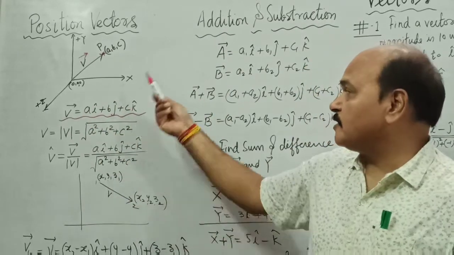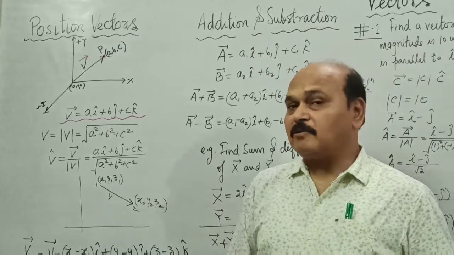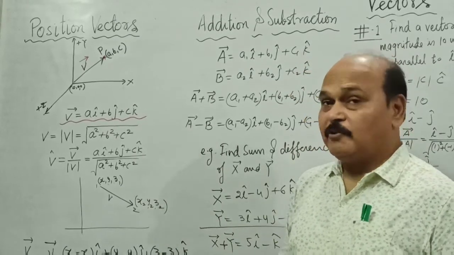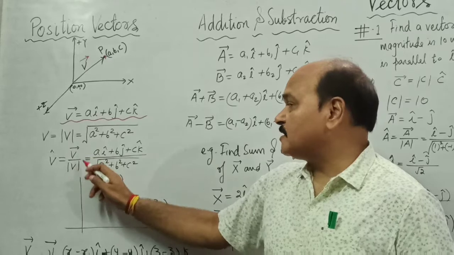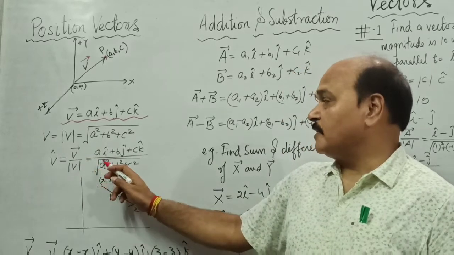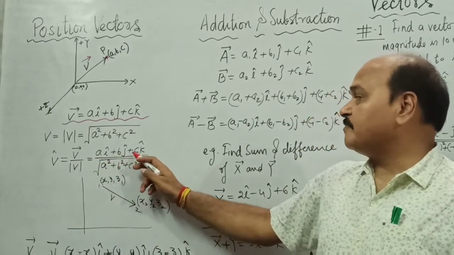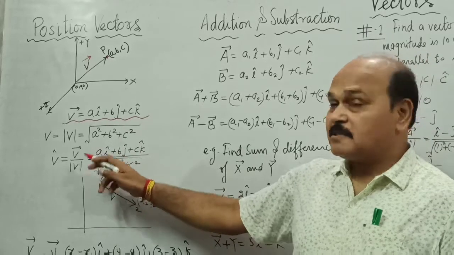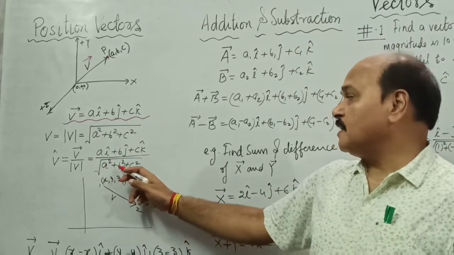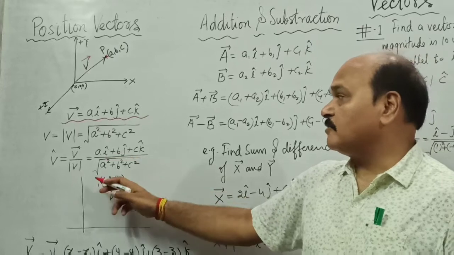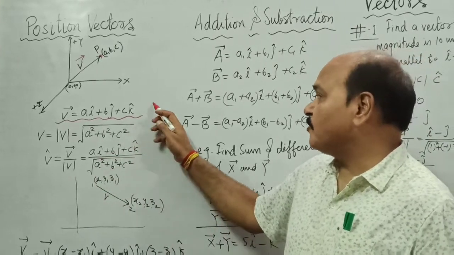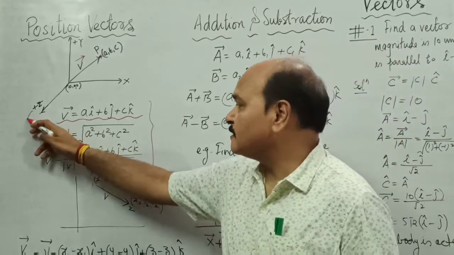The direction is the unit vector along this vector. And we know the unit vector is the vector upon its modulus. The vector is A i cap plus B j cap plus C k cap and the modulus, that is the magnitude of the vector, is square root of A square plus B square plus C square. So we studied up to this point in the last class.